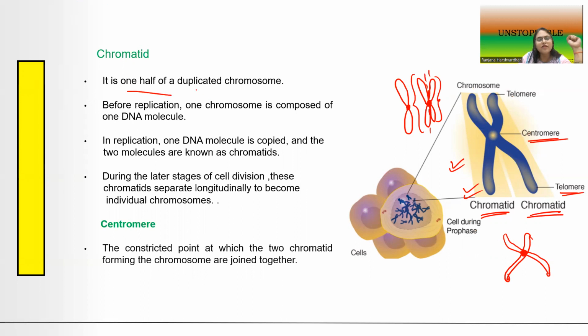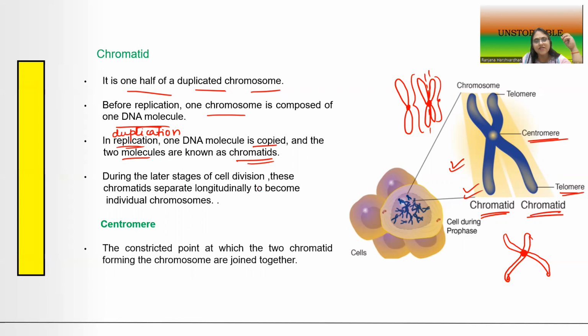Chromatid is one half of the duplicated chromosome. Before replication, one chromosome is composed of only one DNA molecule. But after replication, which literally means duplication, one DNA molecule is copied and the two molecules are called chromatids.